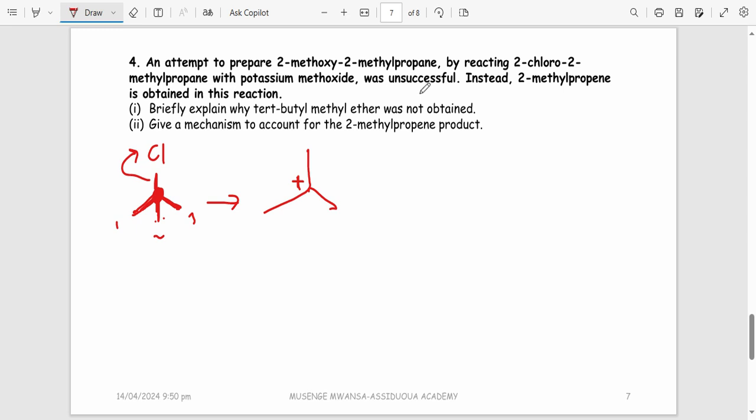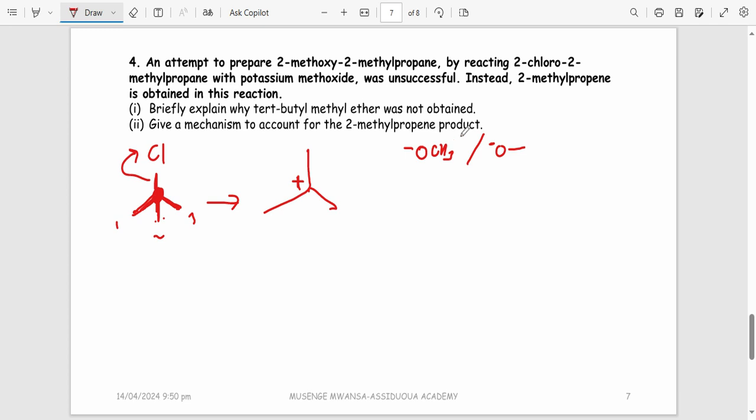Now look at our attacking group. Our attacking group is a methoxide, right? That is OCH3. You can write it like this, or you can write it like this. It's all the same thing with a negative charge on top. Now this guy is a strong nucleophile. And we know that for SN1 reactions, we don't care about the nucleophile.